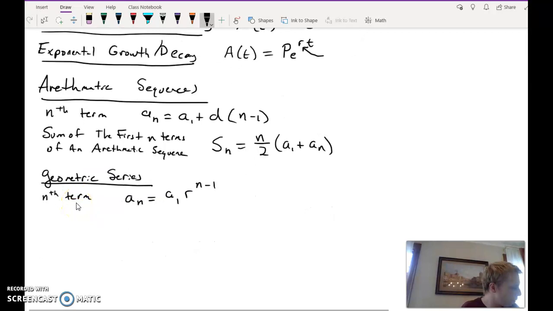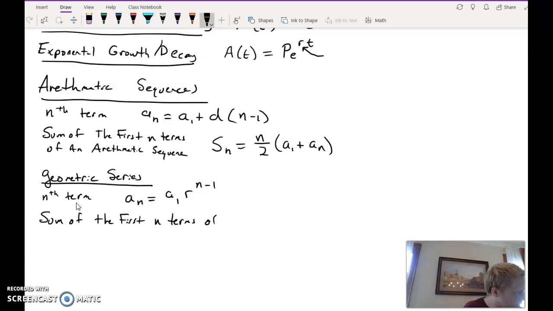The sum of the first n terms of a geometric series is given by the equation S of n is equal to a1 times 1 minus r to the n, over 1 minus r.